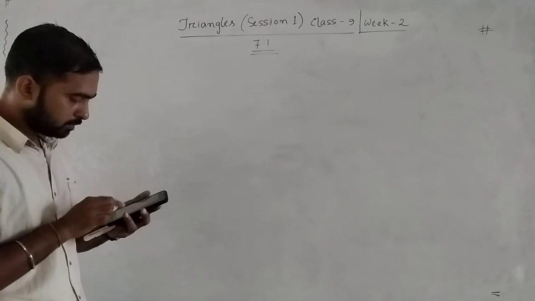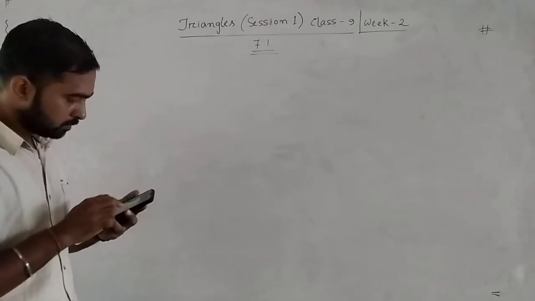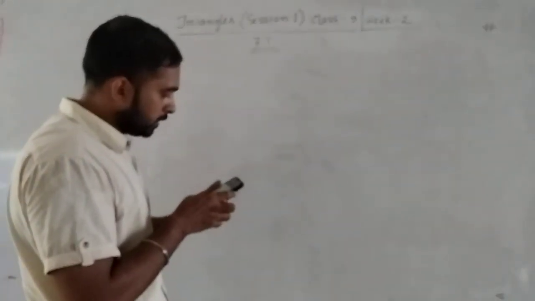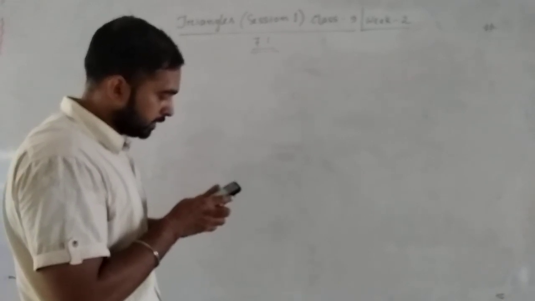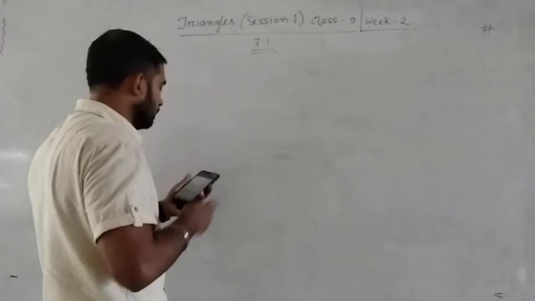Next question is, ABCD is a quadrilateral in which AD equal BC and angle DAB equal to angle CBA. First, draw diagram.